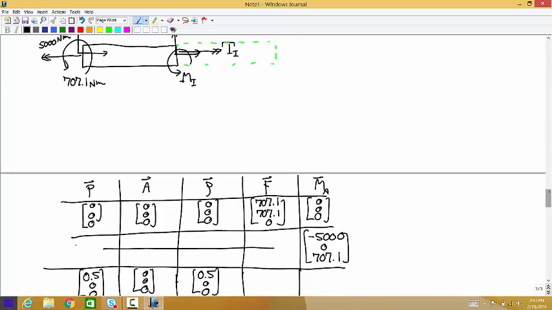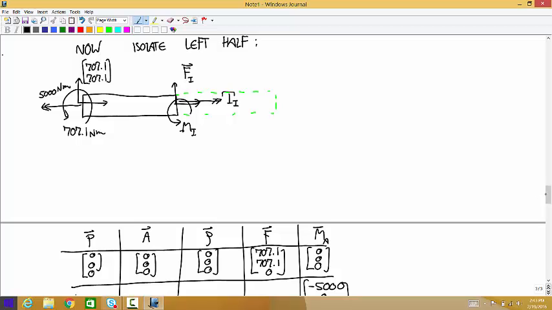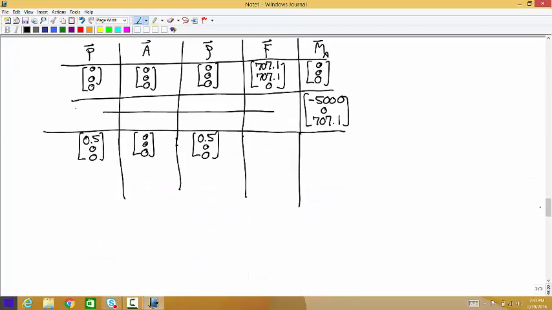And the first thing we have is that force, Fi. And the cross product is 0, 0, positive 0.5 Fiy.